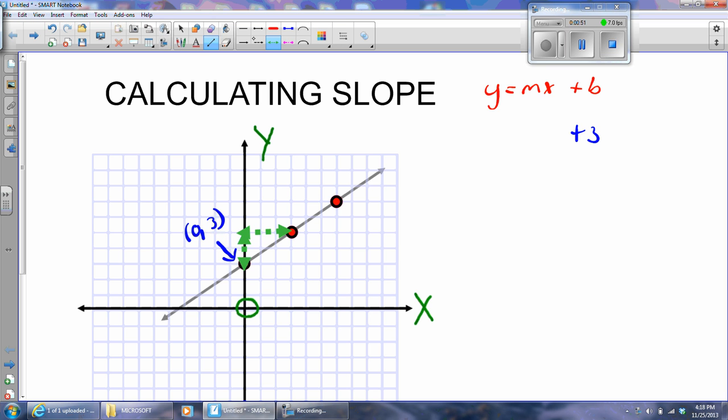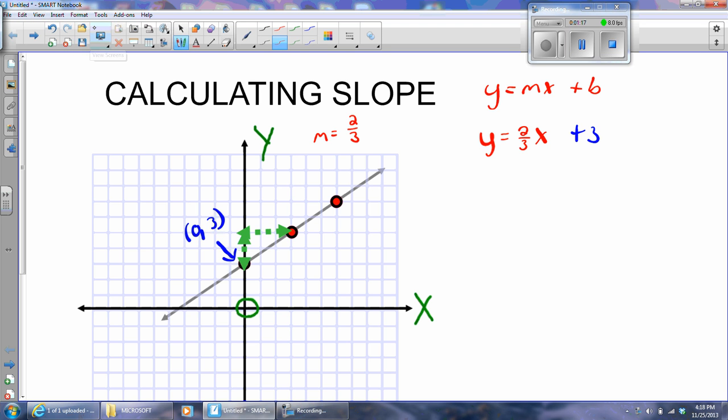So it looks like my slope will be rise 2, run 3. So my equation would be y equals, sorry, let me rewrite that, y equals 2/3 x plus 3, right? So we could go backwards. See how simple that is?